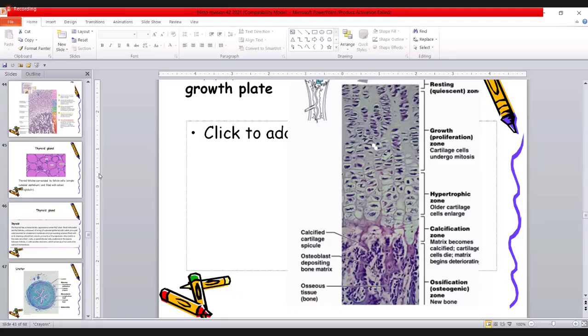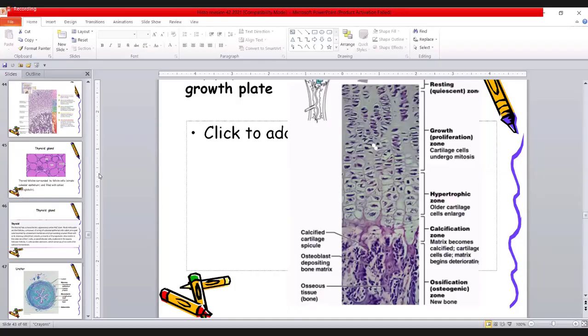They secrete calcitonin. Where is it derived from? Third pharyngeal pouch. No. Neural crest. The answers are third pharyngeal arch and neural crest cells.